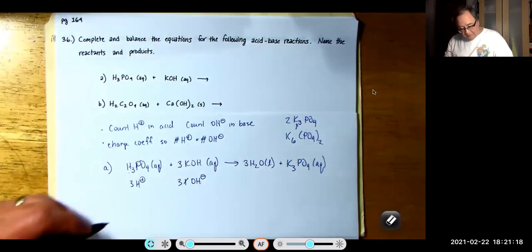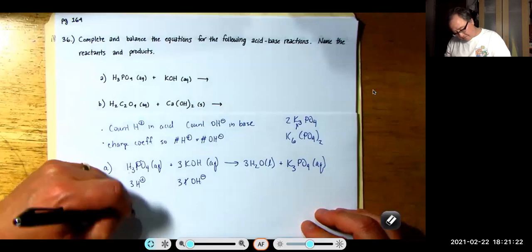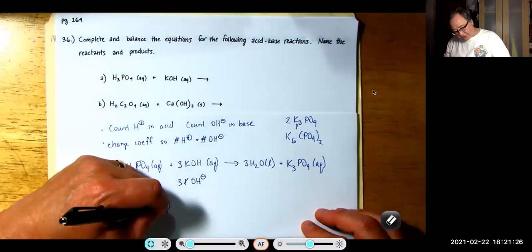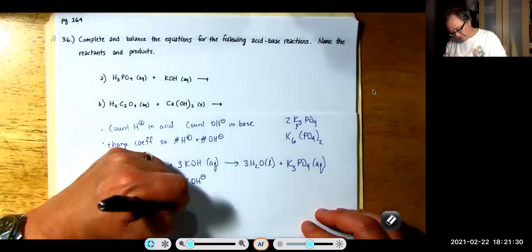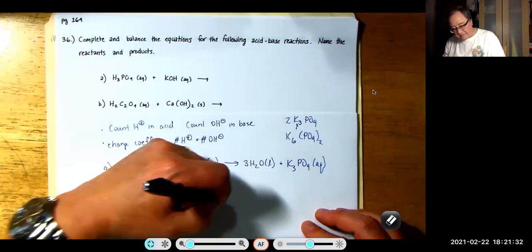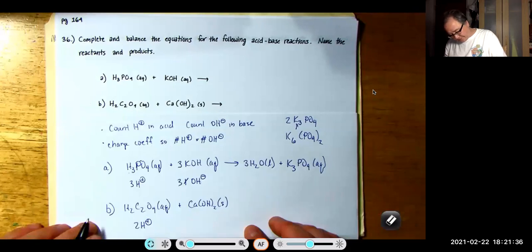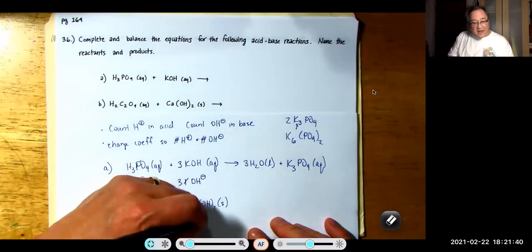Okay, so for B, we have 2 hydrogens. And we have 2 hydroxides. So this is a match made in heaven.